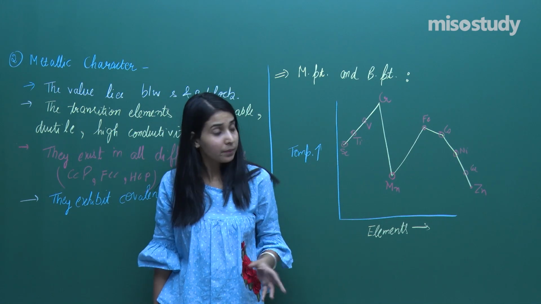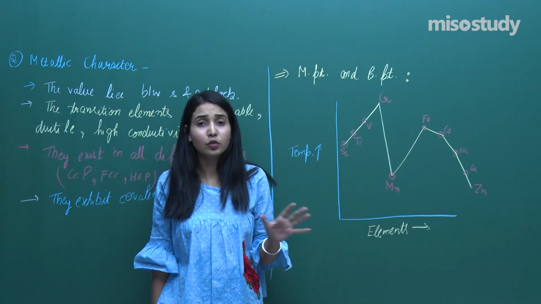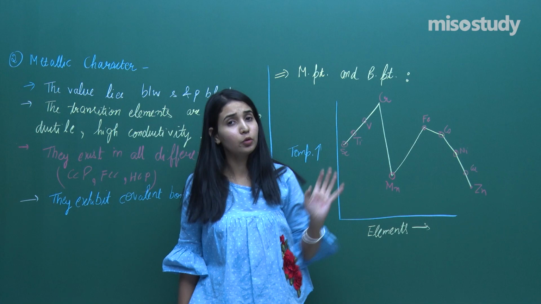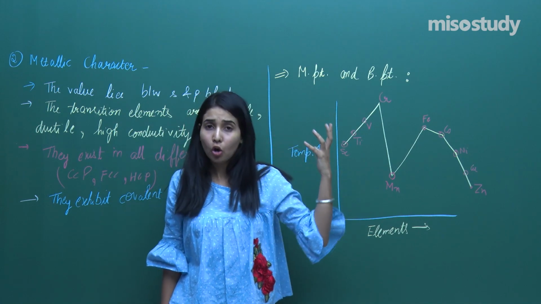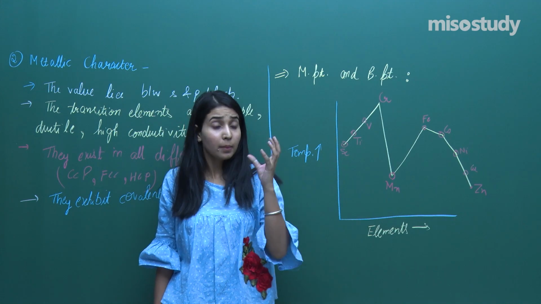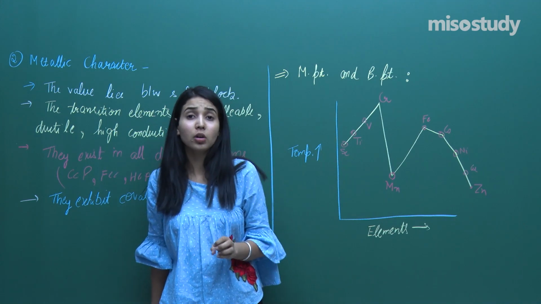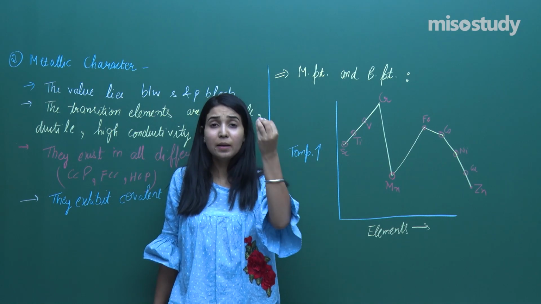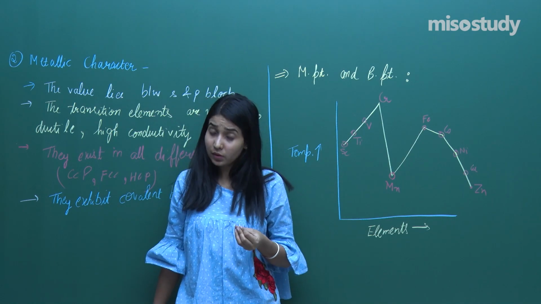Now in the same way I'll say, from scandium to chromium, on moving along the period the size is decreasing because the interactions are stronger now. The bonds which hold the atoms become strong, so the melting and boiling points increase, right?